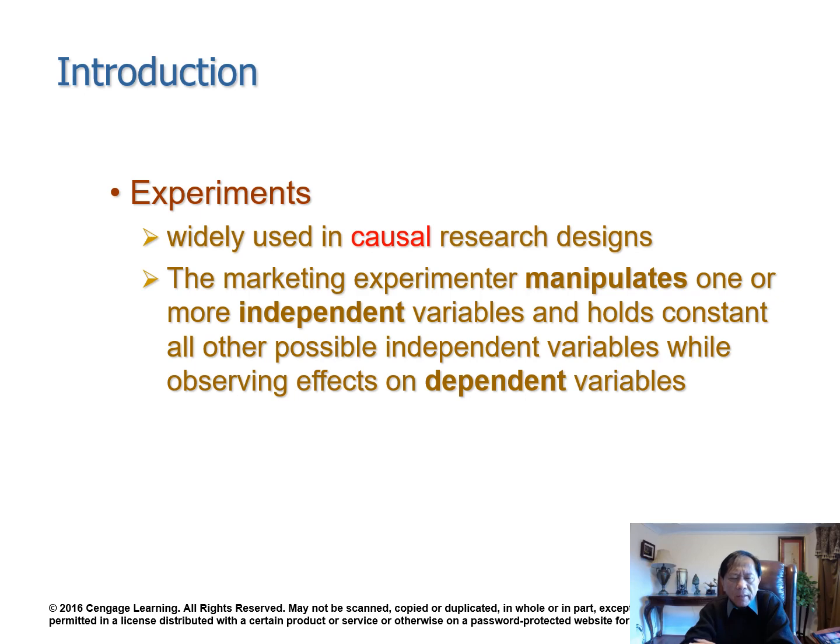In a marketing experiment, the experimenter manipulates one or more independent variables and looks at the effects on the dependent variables. The example I gave in my lecture was the color of the room or store walls, and lighting and color, on consumers' purchase intention.